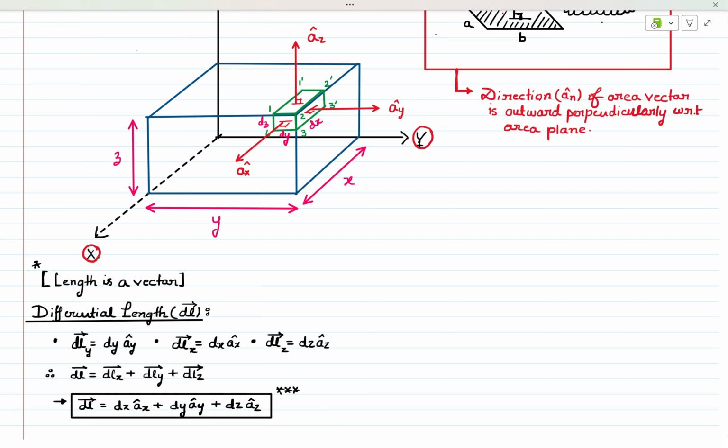Now I will talk about the differential area. We have talked about the differential length. Now let's dive into the differential area.